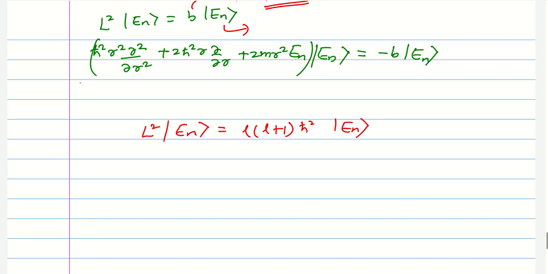And since L square is composed of these three terms, so from here you can find Lz also. So this is the expression for L square. L has this expression.